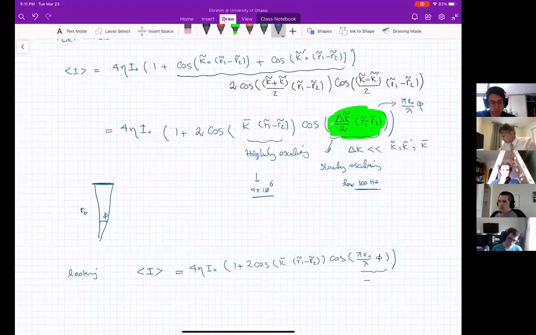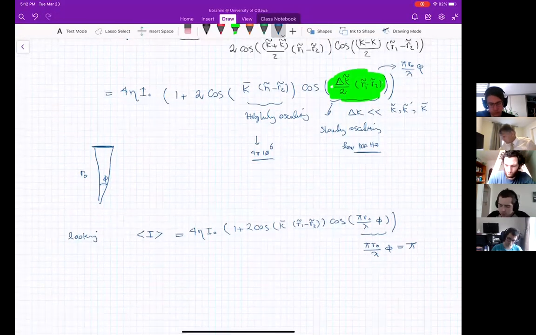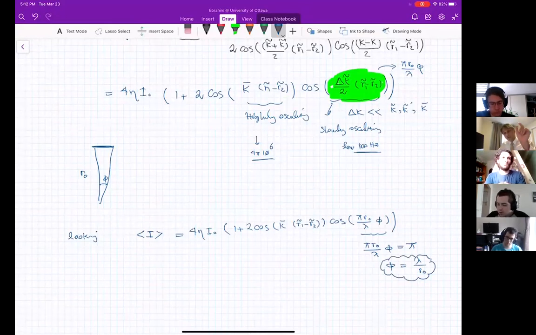So whenever pi R0 divided by lambda phi is equal to pi, which gives a minimum intensity, then you will understand that phi is equal to lambda divided by r naught. So you know the wavelength and you know the distance of the star, and then you understand the phi of the star, okay? And clearly that's a brilliant way of determining the size of a star.